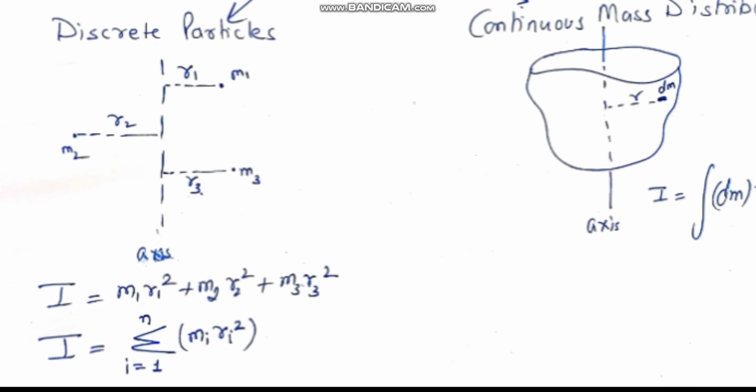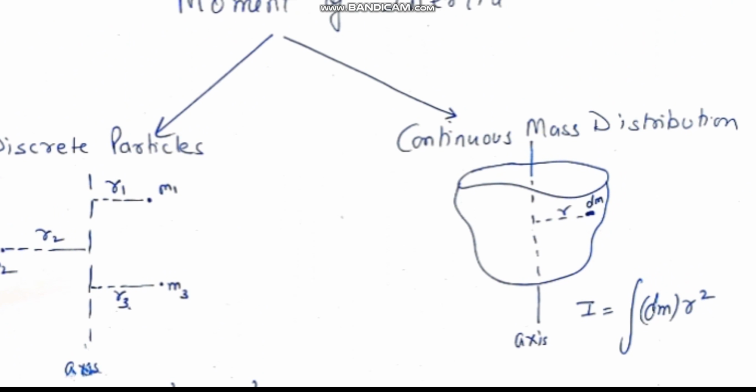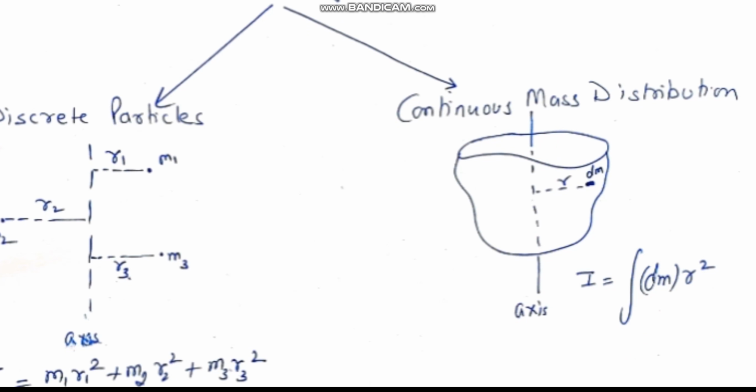Now in case of a continuous mass distribution, we can write this as the summation of dm r². The basic idea is that in a continuous mass distribution, we assume the distribution to be made up of a large number of very small particles, and these particles have masses dm. dm means infinitesimally small mass.